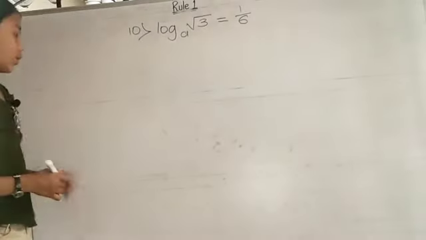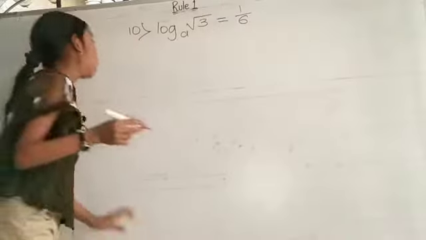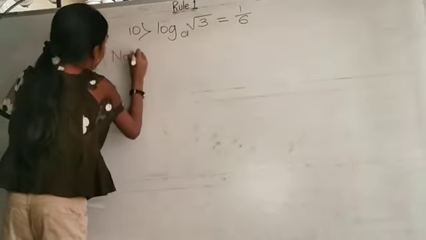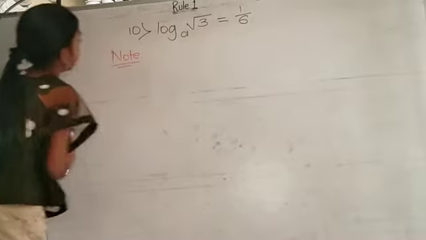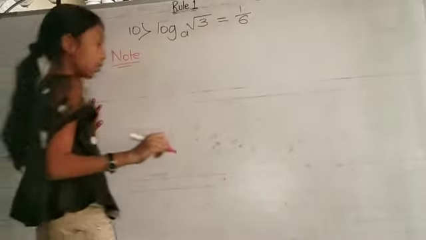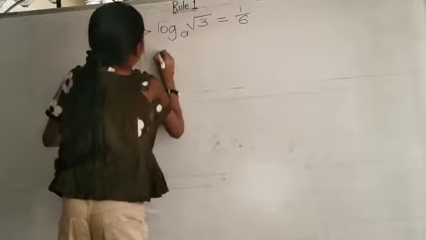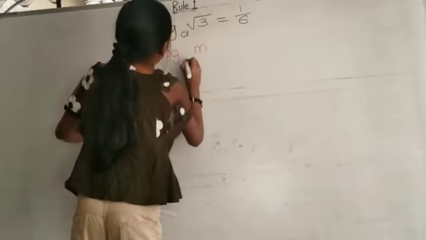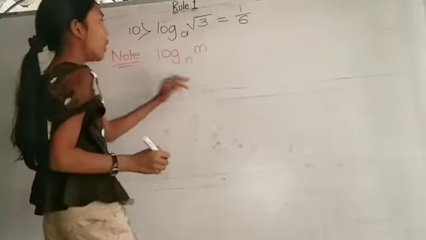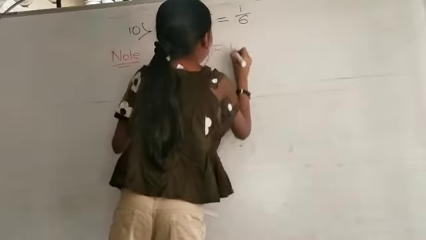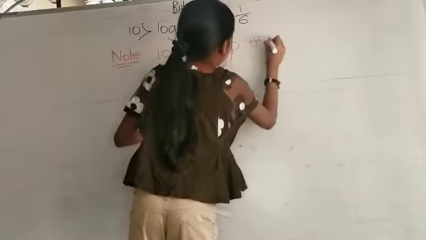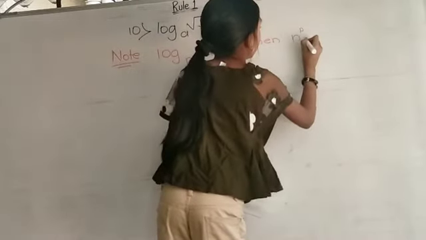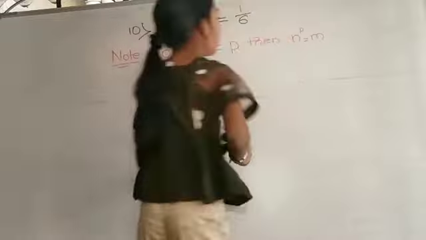This is our next question. Now here, note down the formula which I am going to give you. The formula is log m to the base n is equal to p. Then n raised to p is equal to m.